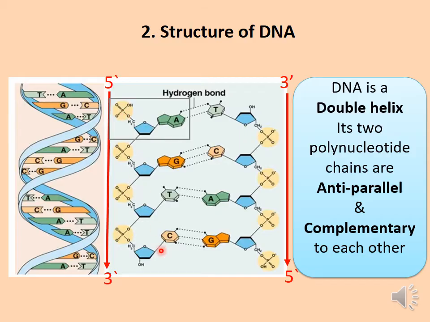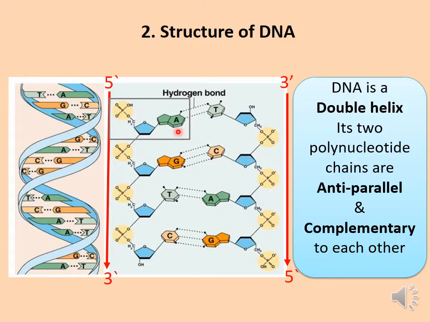As you can see here, alternating sugar phosphate molecules make up the backbone of the polynucleotide chain. And the nitrogenous bases are always directed towards the interior of the DNA double helix.